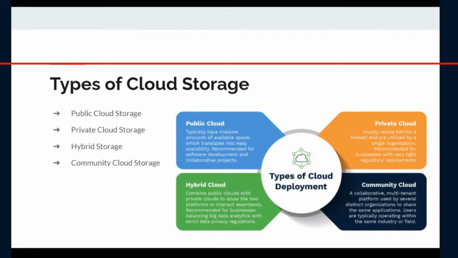Community cloud storage is a collaborative multi-tenant platform used by several distinct organizations to share the same applications. Users are typically operating within the same industry or field.